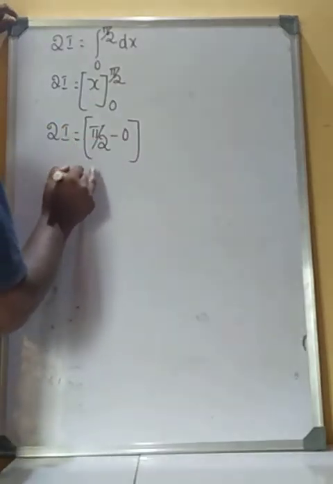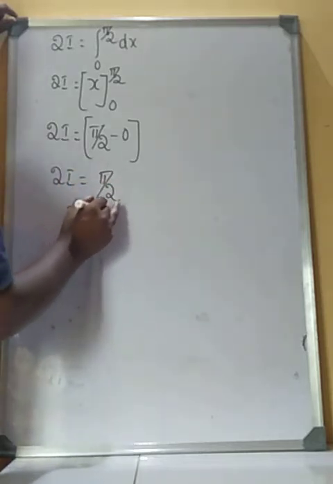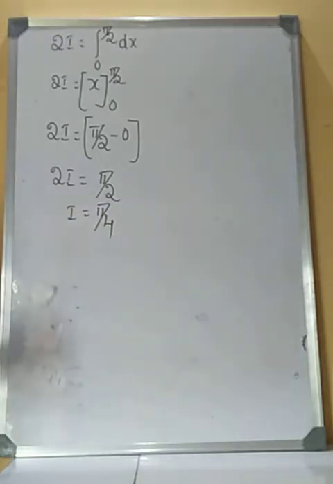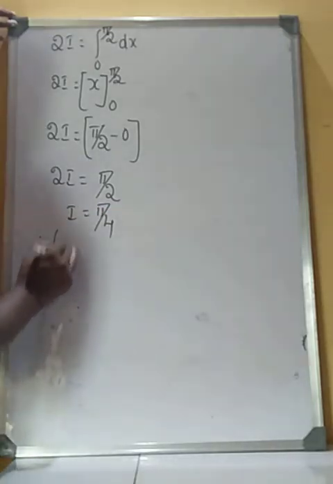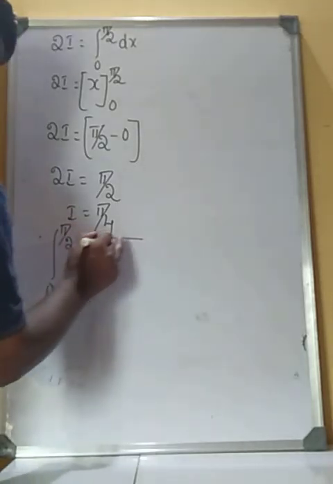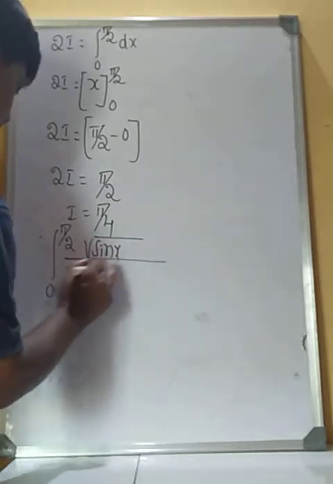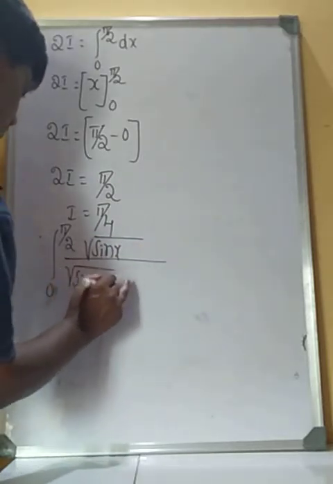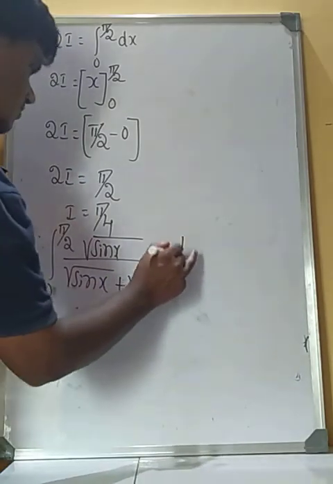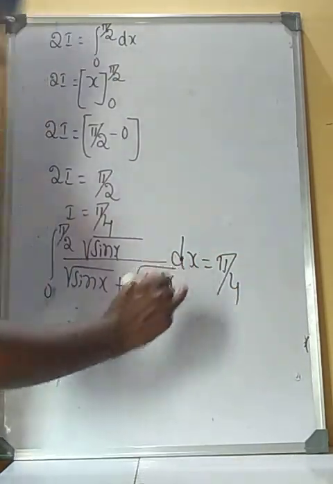Therefore 2I is equal to pi by 2. Therefore I is equal to pi by 2 into 1 by 2, that is pi by 4. Therefore integral 0 to pi by 2 root of sin x divided by root of sin x plus root of cos x into dx is equal to pi by 4.